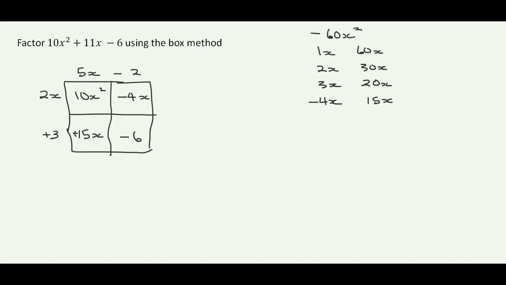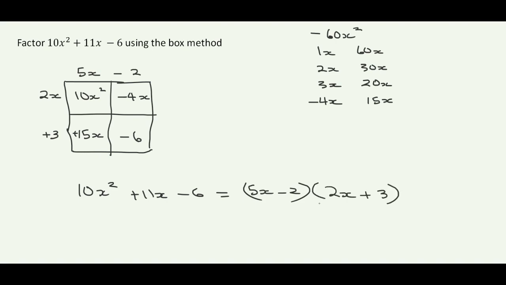We divide 15x by 3, we get 5x. Minus 6 divided by 3, we have minus 2. So therefore, 10x squared plus 11x minus 6 is equal to 5x minus 2 multiplied by 2x plus 3.